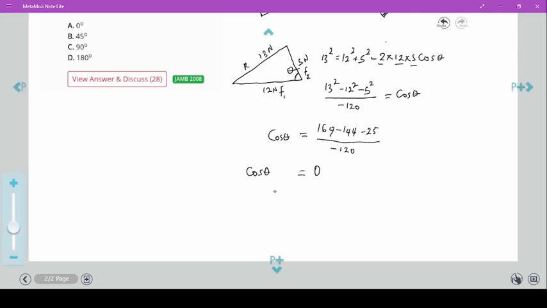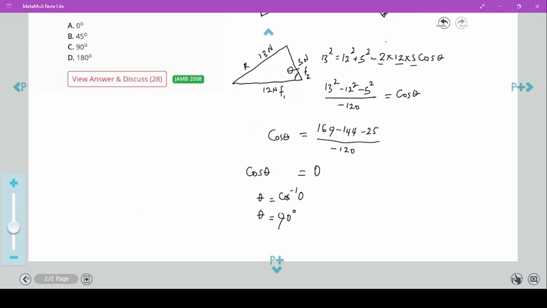So we're going to find what the theta is, the angle. So theta is equal to the cos inverse of 0, which is undoubtedly equal to, what should that be? 90 degrees. So cos inverse of 0 is equal to 90 degrees. In other words, the angle opposite to the resultant is 90 degrees.